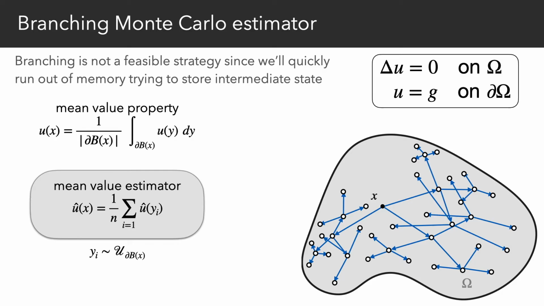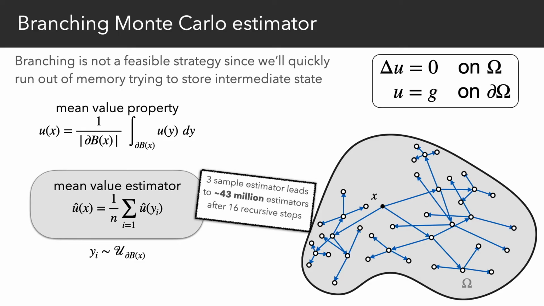Every time that we estimate the solution, the estimator branches out to n new estimators. So after only 16 steps, a 3-sample estimator that's using this approach will require over 43 million recursive values to be estimated. And this is a huge memory and computational overload. And in fact, it's not tractable.